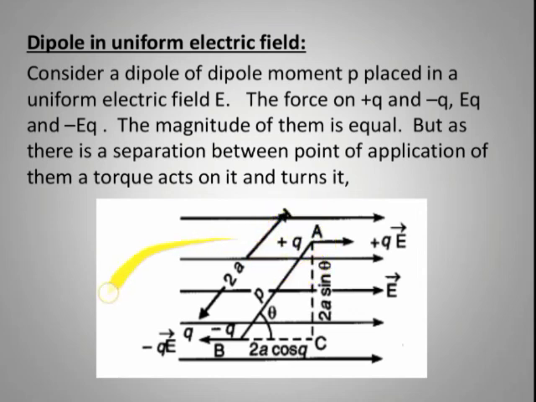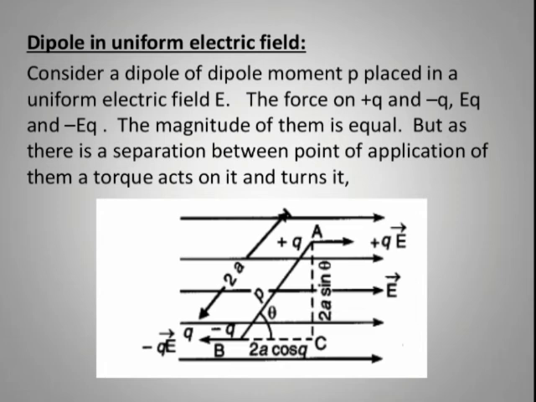Will it move towards the positive charge or towards the negative charge? Obviously your charge moves towards the negative, so that is why you can see the direction is in this way. Are you understanding? Now, if I consider the negative charge, you can tell me where it goes, whether it goes towards the negative or the positive charge. Yes, it goes towards the positive charge, because unlike charges attract each other, and that is why you have got a direction in this manner.